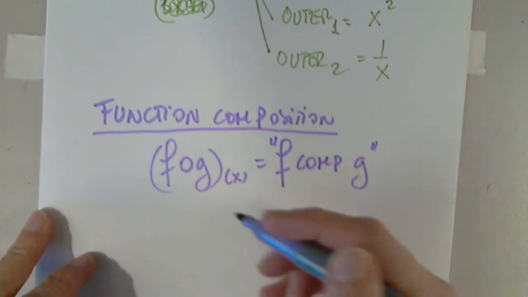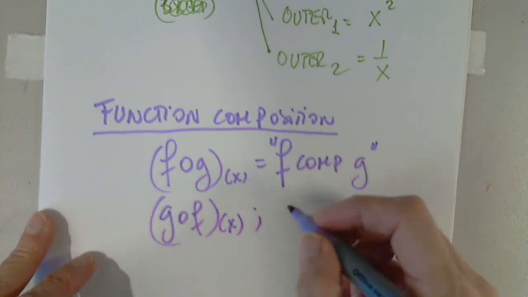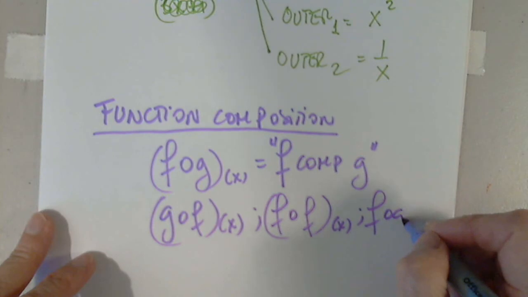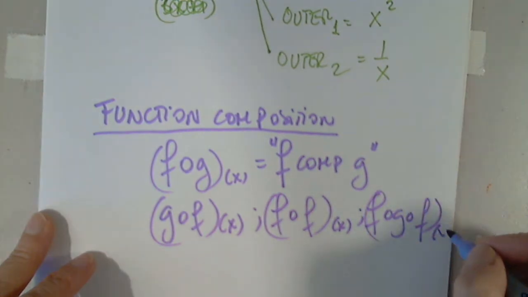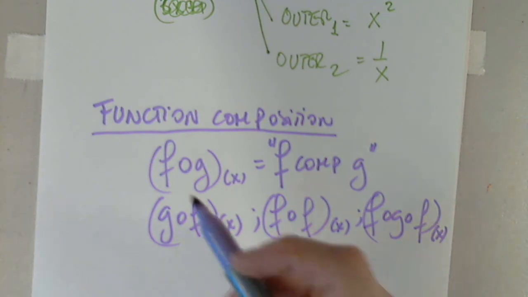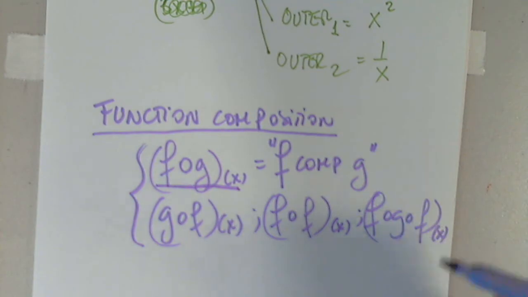We can go on forever: g comp f, f comp f, f comp g comp f. I can go on to any level you want. But let's stick with these two for now, and basically any notation is good enough.